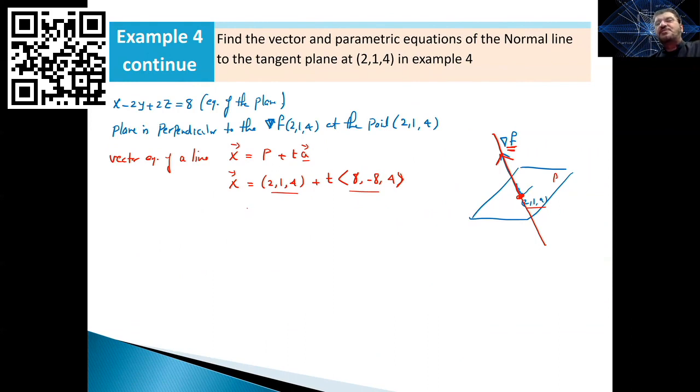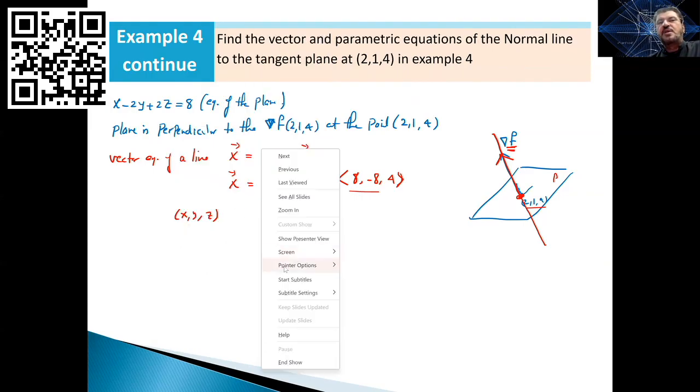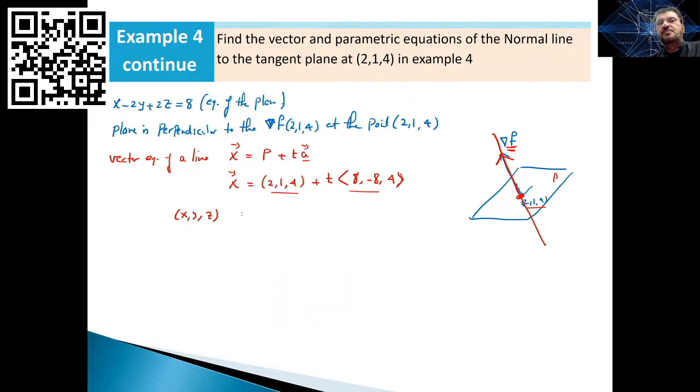What are the parametric equations of the line? What do we do now? So (x, y, z) can be written as (2, 1, 4) plus t(8, -8, 4).